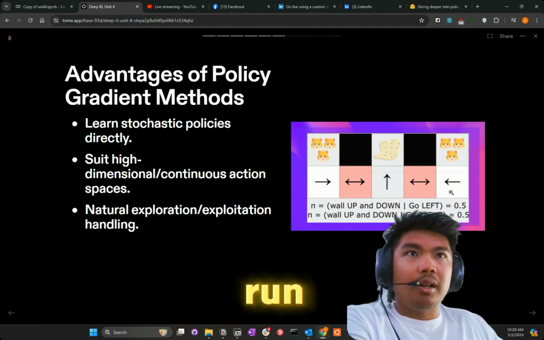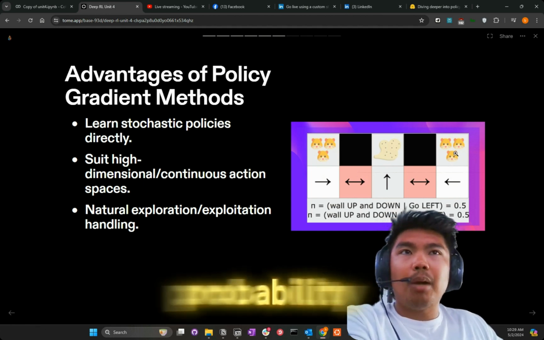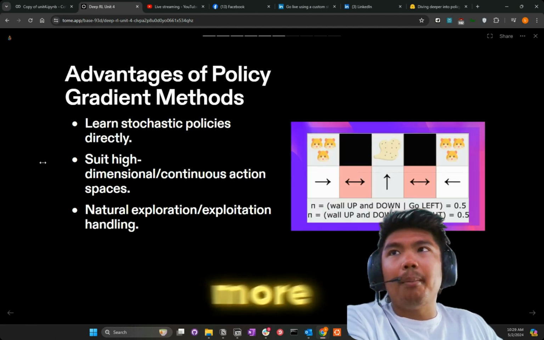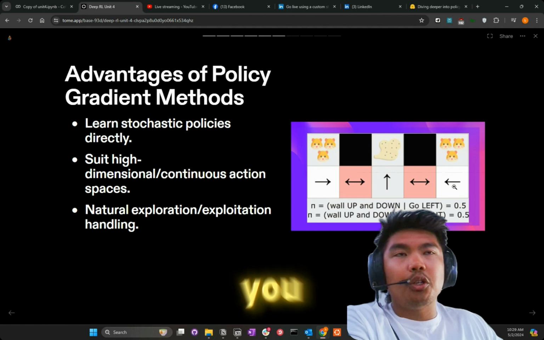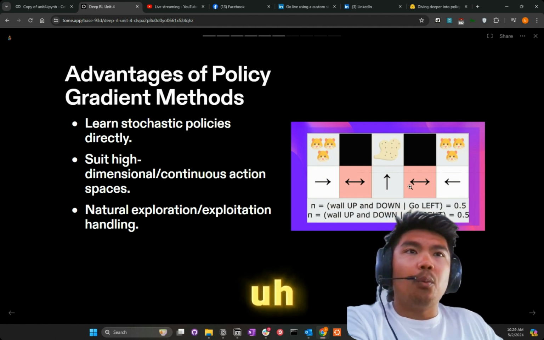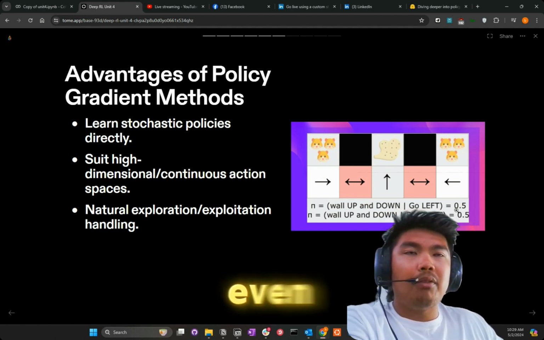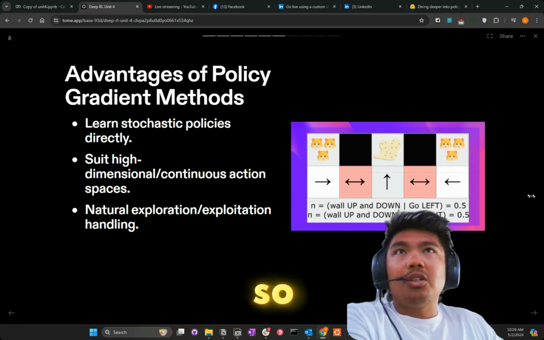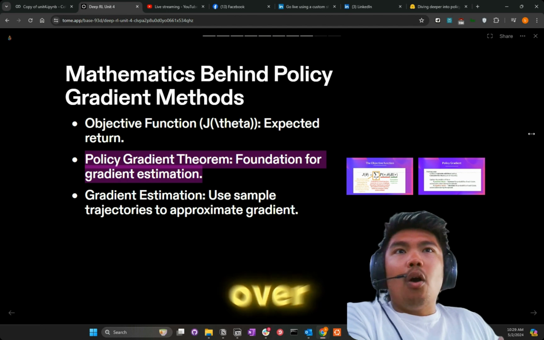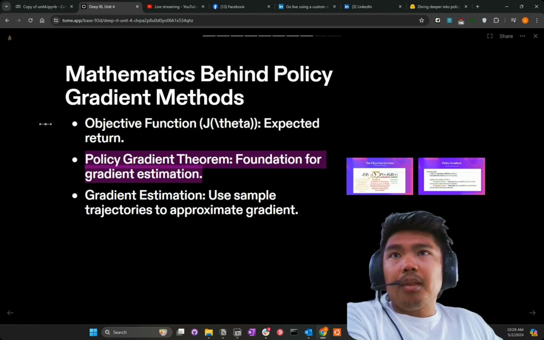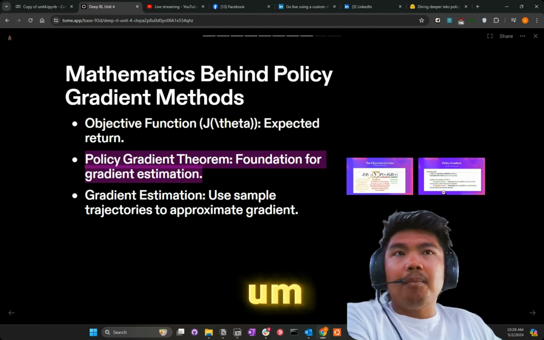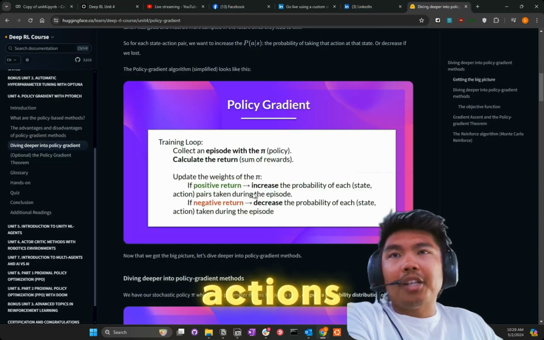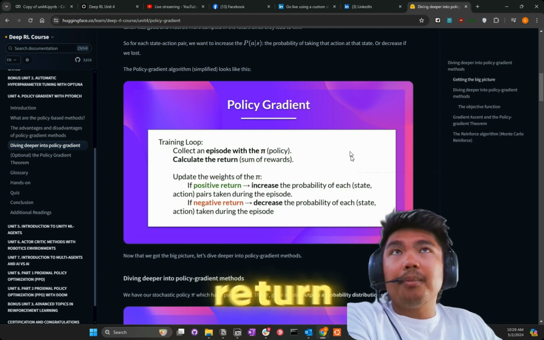You go to the next training run, you get those same probability distributions, and you see, yeah, I confirmed that you do get more reward going left than going right. So we'll update it again and maybe even have like a 90% go left, 10% go right. So you can see over these training runs, you're going to increase the probability of the actions that will lead to the positive return.